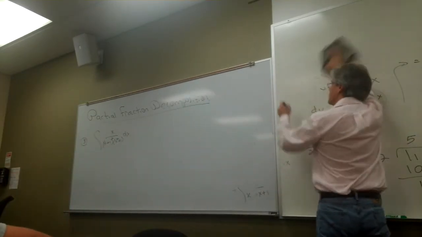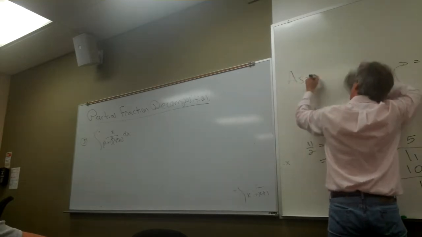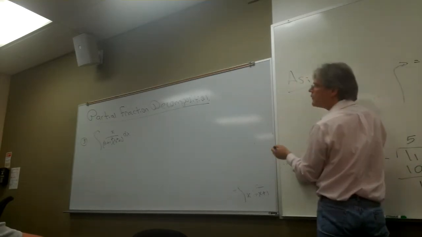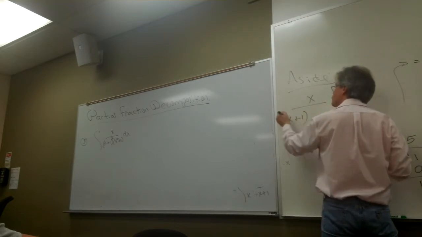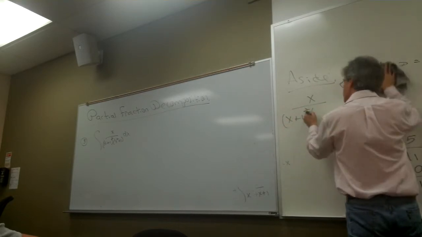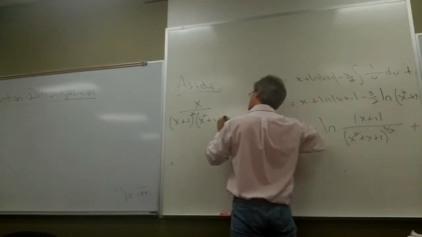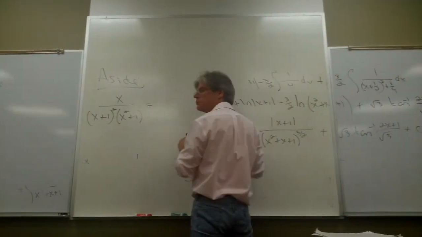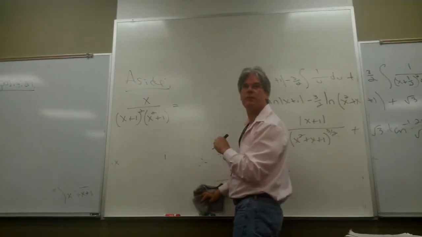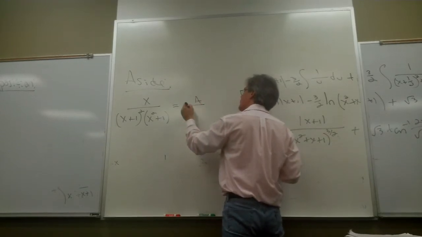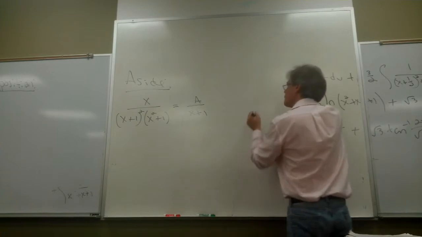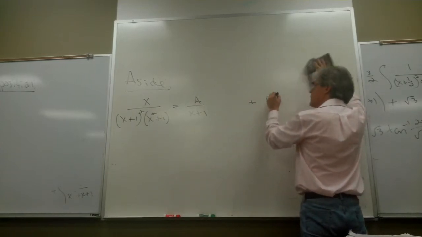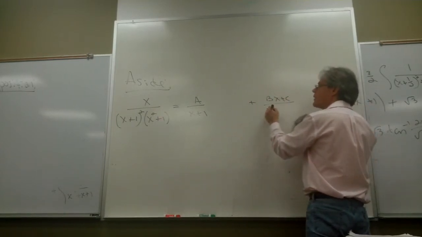So allow me to pull out my piece of scratch paper. I've got this one fraction, x over this linear factor duplicated twice, times its quadratic factor. I will set this equal to the sum of fractions, like an a over x plus 1, plus bx plus c over x squared plus 1.